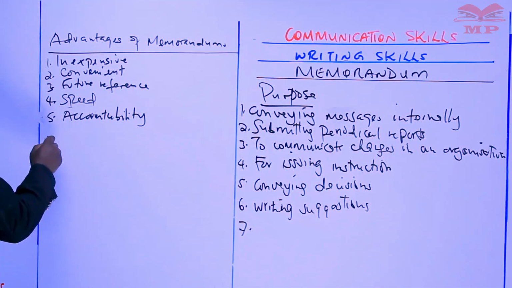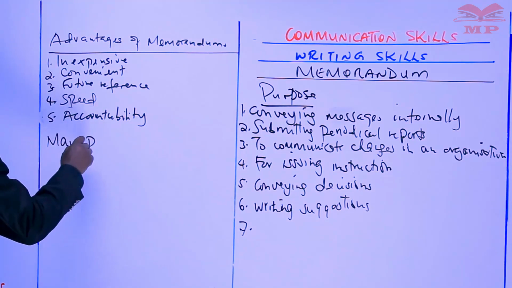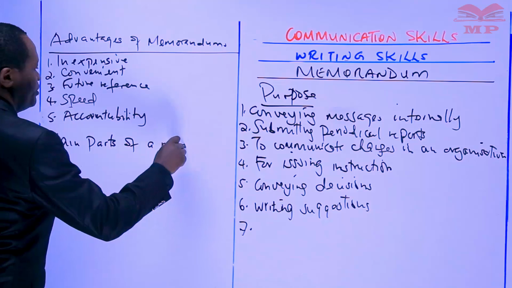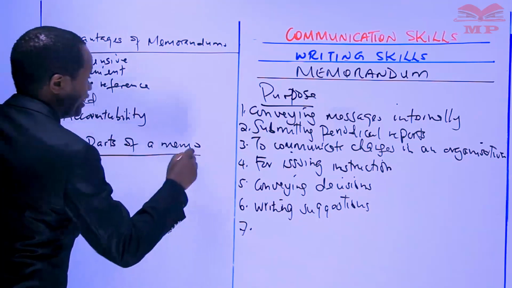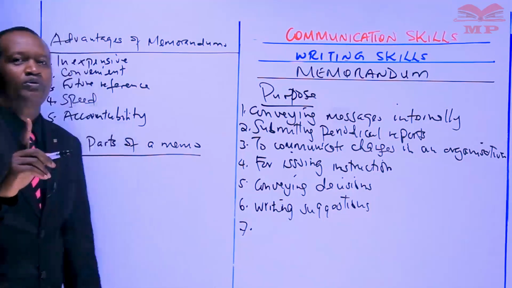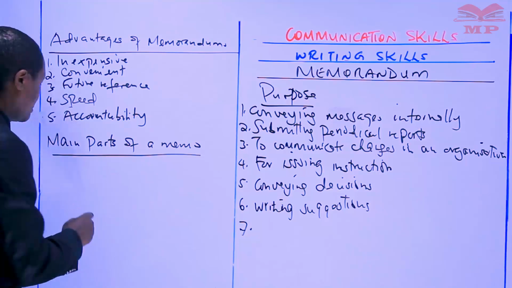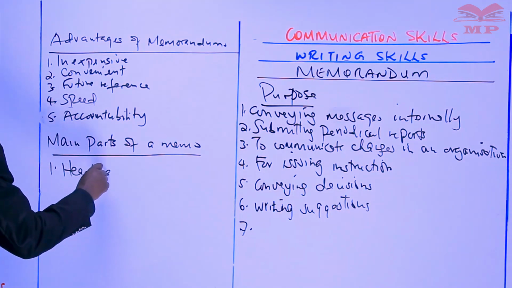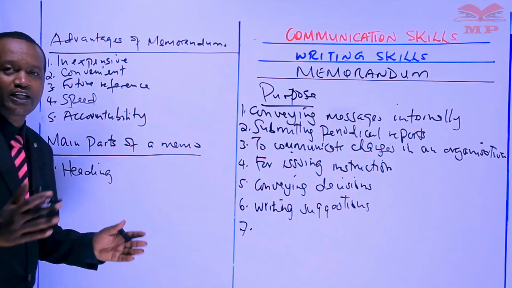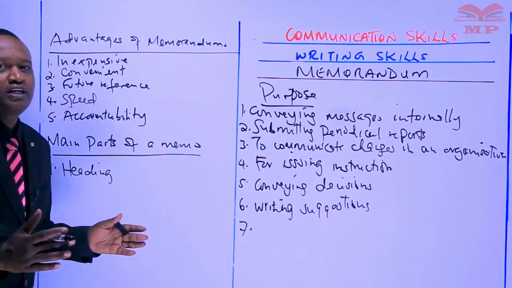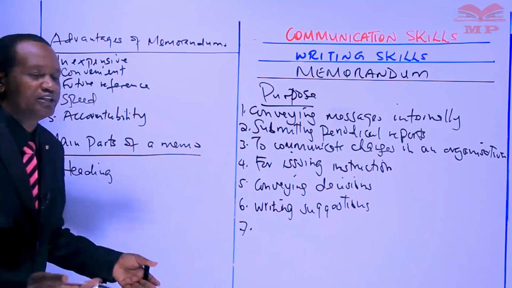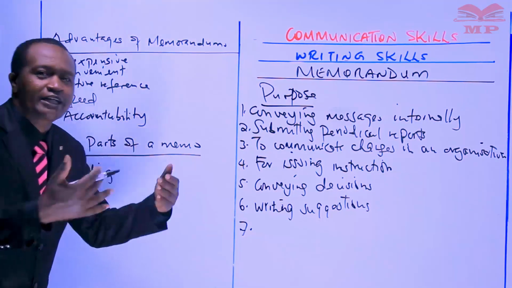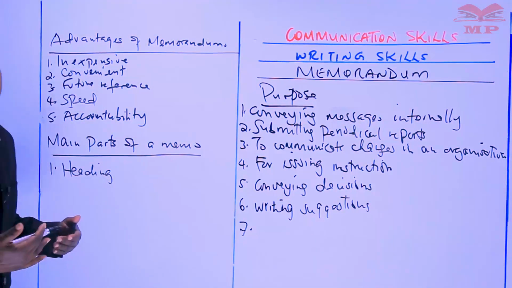We will now discuss the main parts of a memo. Now, a memo has, number 1, heading. A memo has to have a title or a heading, and that includes the name of the company, its logo, and the word memorandum in capital letters.